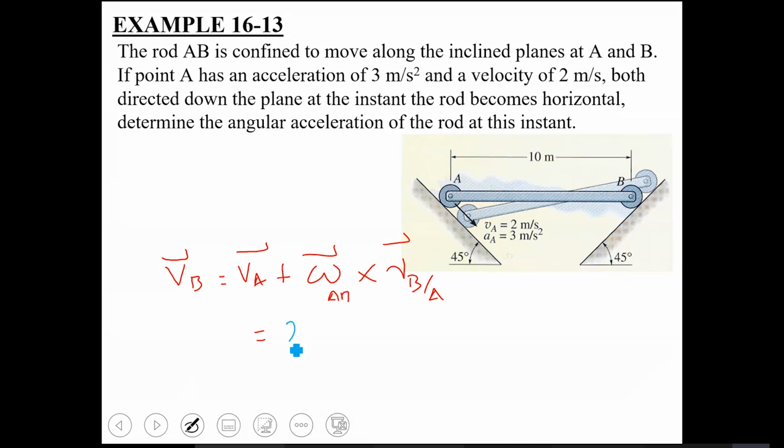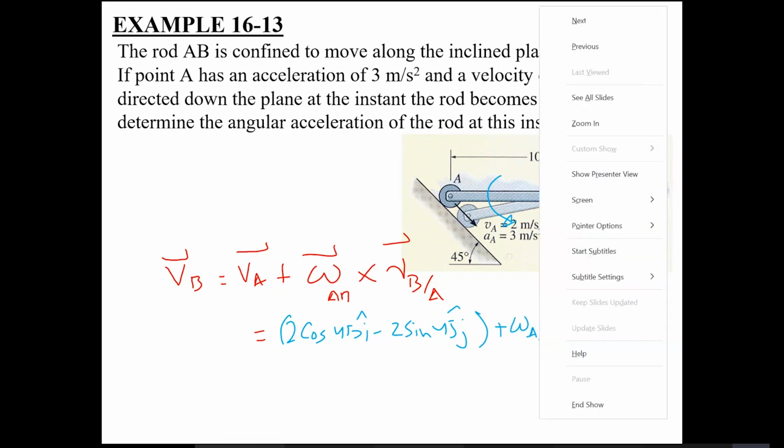So this vector would become 2 cos 45 i minus 2 sin 45 j, isn't it? Yes. Okay, what about omega AB? Can you identify this omega's direction? Yes sir, counterclockwise. So we can write it as omega AB k.